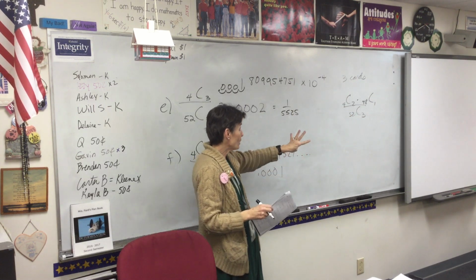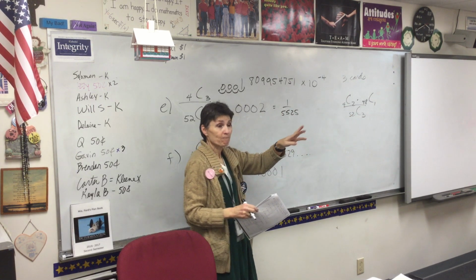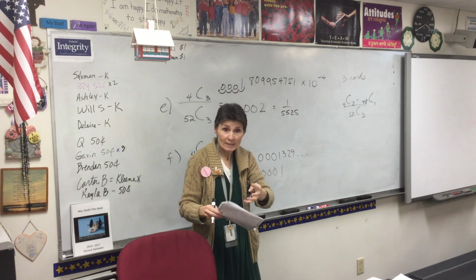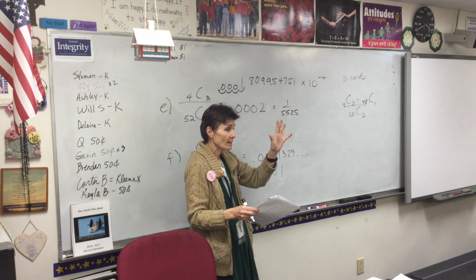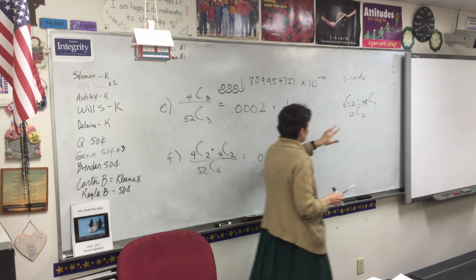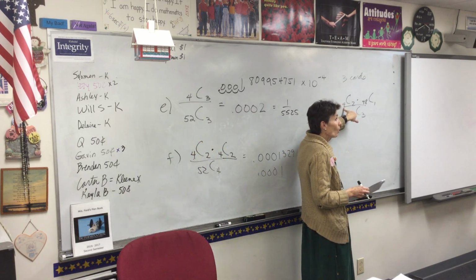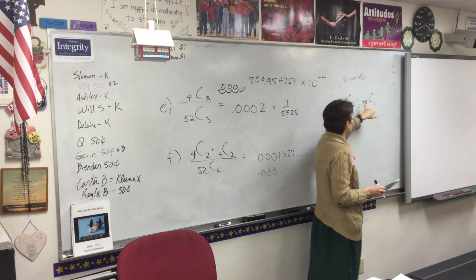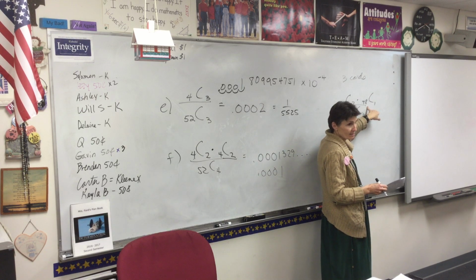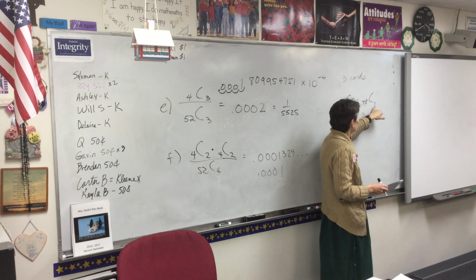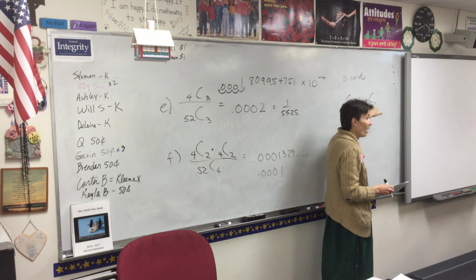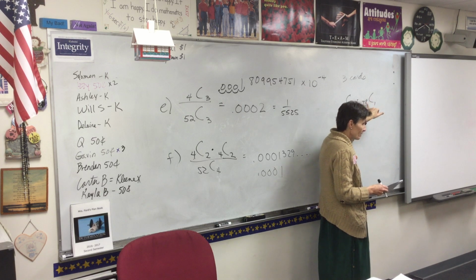If there are 4 queens in the deck, there are 48 cards that aren't queens, and I want 1 of those. Don't care which one, but I need 1. So there are 4 queens and 48 non-queens. I want 2 from the queen pile and 1 from the not-queen pile.